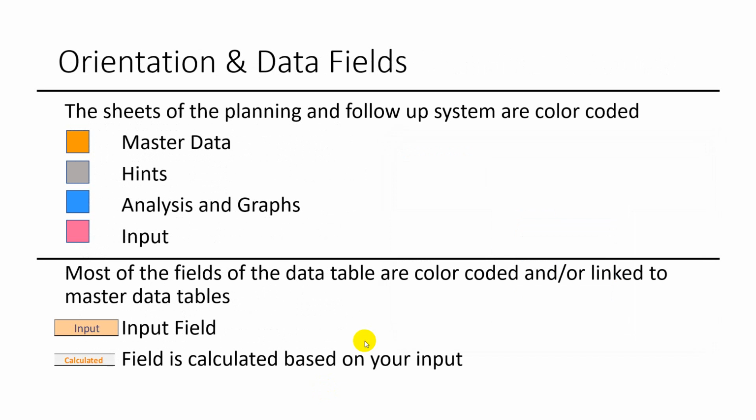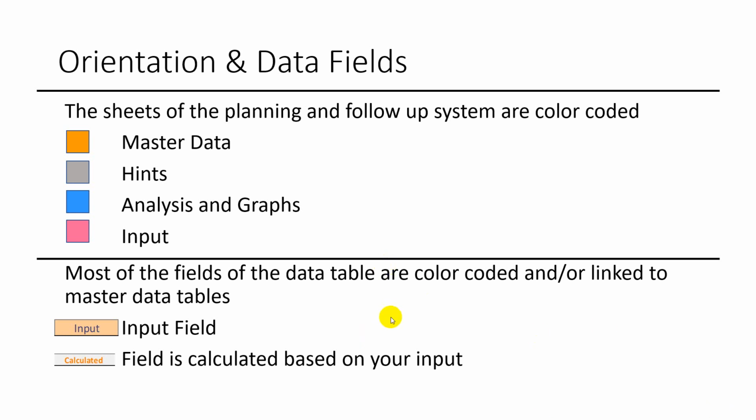Color coding and orientation as such. Within the tool you have different color codes. Some of those sheets are colored orange. Those are the ones with master data. All hints have gray tabs. Analysis and graphs are coded blue, and input sheets are in magenta.